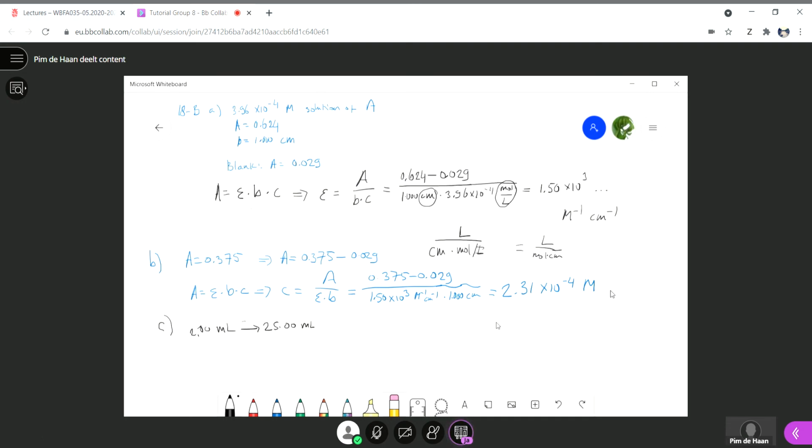And then had an absorbance of 0.733 in the same cuvette. What is the concentration of A in the concentrated solution?